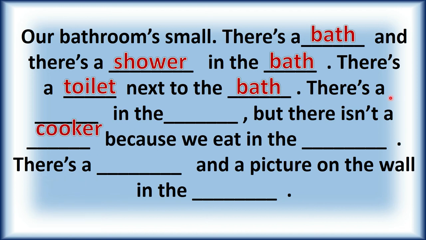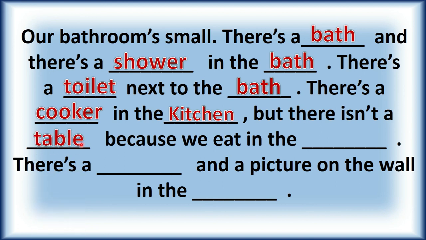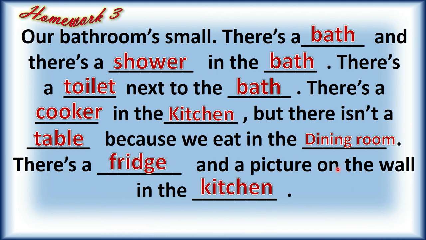There is a cooker in the kitchen, but there isn't a table because we eat in the dinner room. There is a fridge and a picture on the wall in the kitchen. So here, homework number 3, it's complete all the sentences, and now is how it looks.